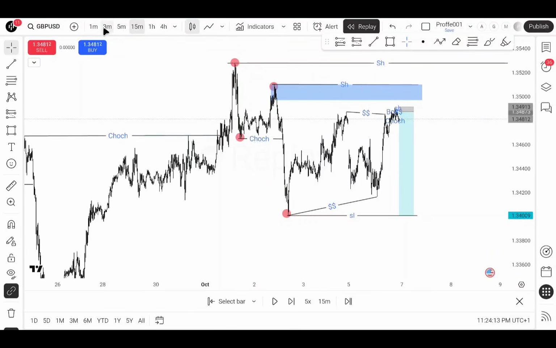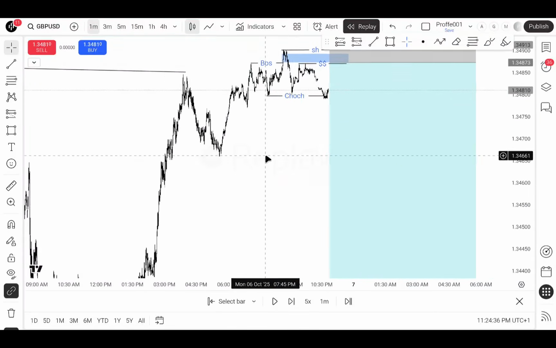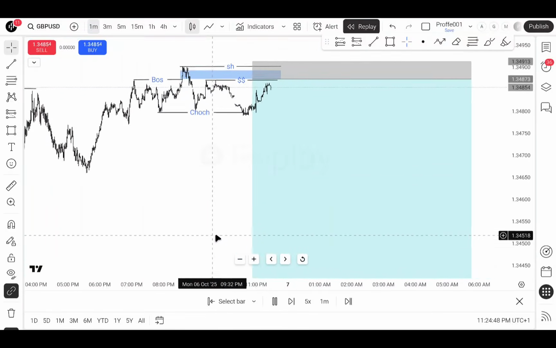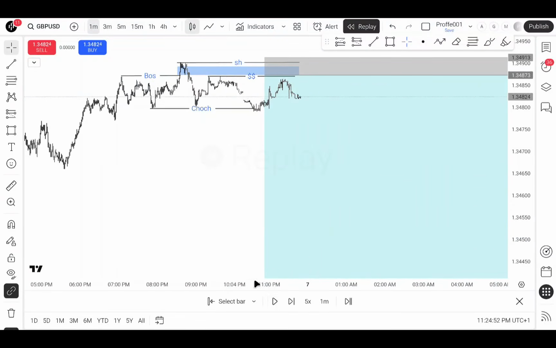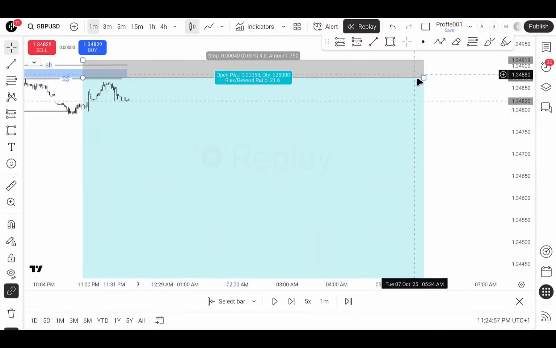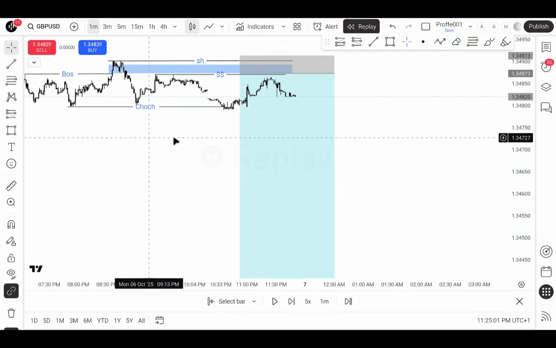Now let's go back to the 1-minute time frame and see if we are tagged in. Everything is being spotted out clearly. Let's see what happened. Display price. Okay. It has not tagged us inside. We are not yet in.